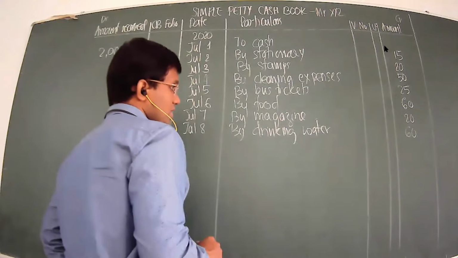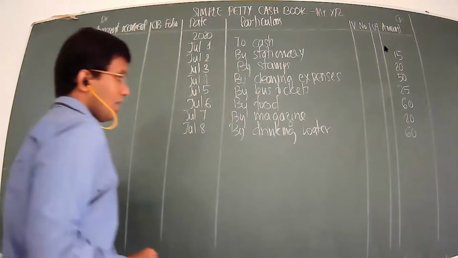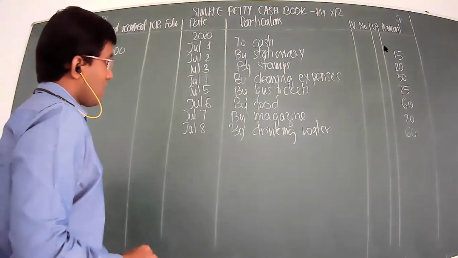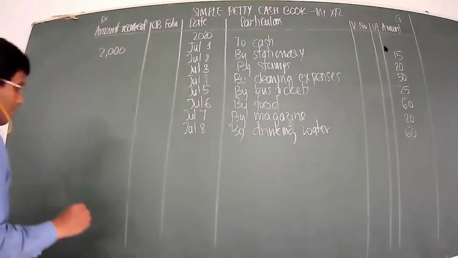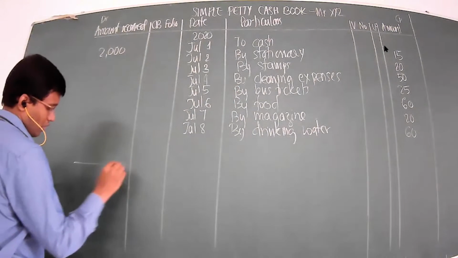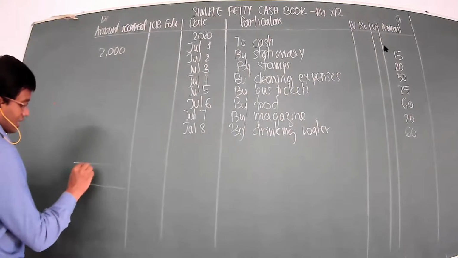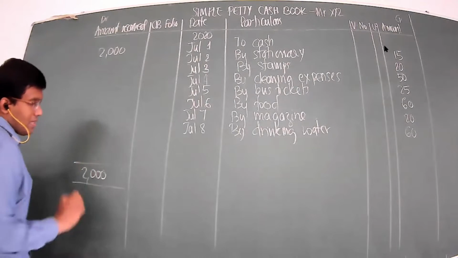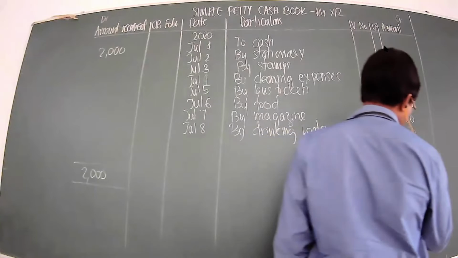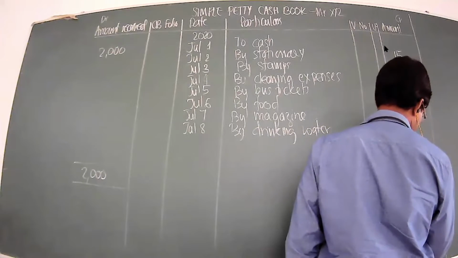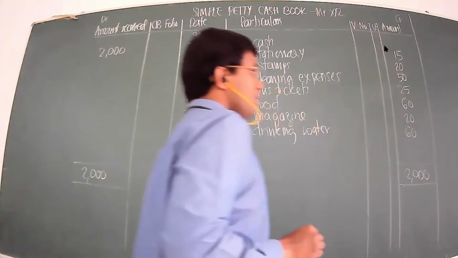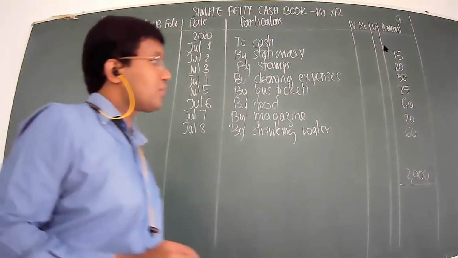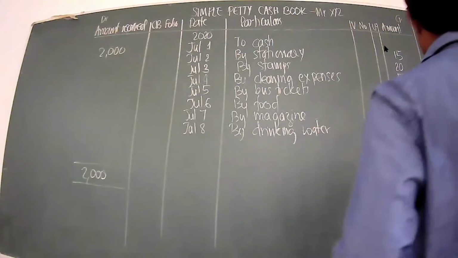Now what we have to do is total up all this, and just like any other account, we will have to balance. But when you're balancing, one thing you have to remember is the debit side is 2000, which means the credit side should also be 2000. But will it be 2000? We will have to total up and then see for ourselves.